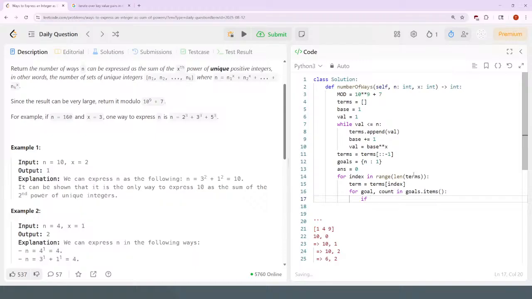So what's going on here? If the goal is smaller than the term, then it's no bueno. If I have a goal of 5 and the term is like 100, then I need to skip it.